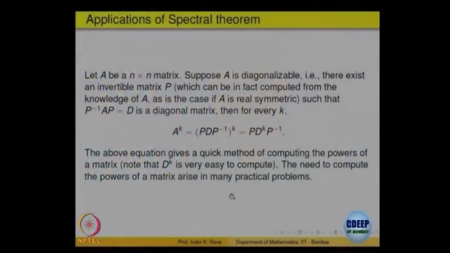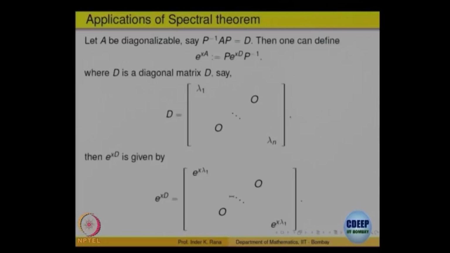And you will see in your course on differential equations, you may have to compute what is called e to the power of a matrix, the exponential of a matrix. You know, given a number, you can compute e to the power x, right. But how do you define e raised to the power of a matrix A? If it is diagonalizable, it is very easy to compute.